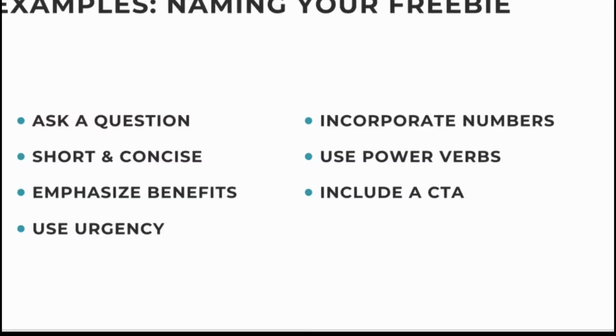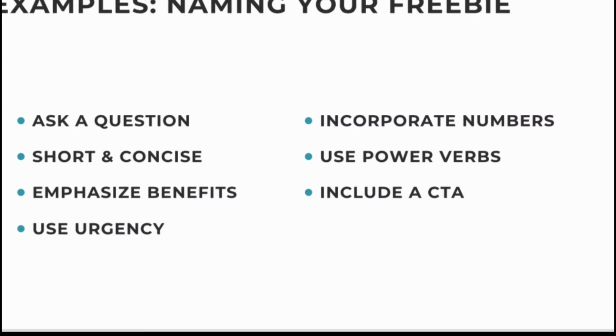So here are some examples of how you can name your freebie. You could ask a question. You definitely want to keep it short and concise. Remember my perfect storytelling formula. Perfect storytelling formula. 3 words. Okay?